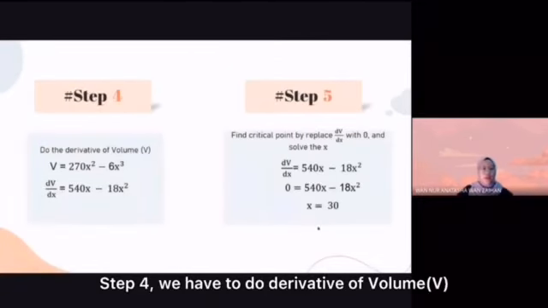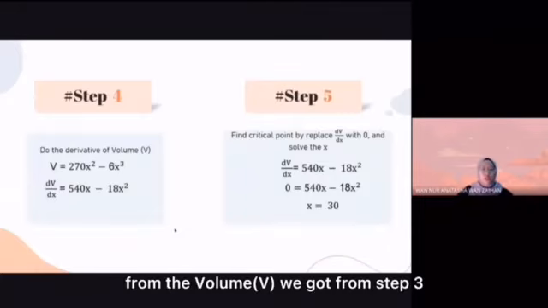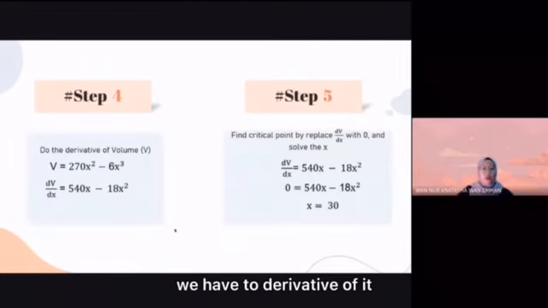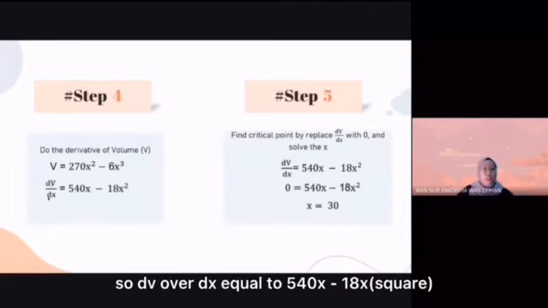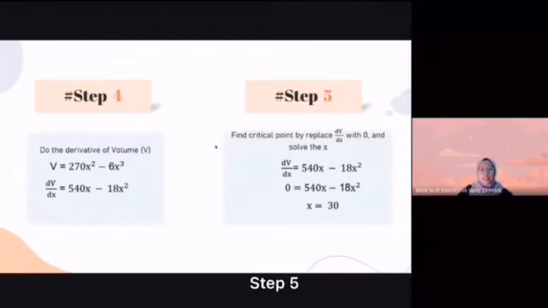Step 4. We have to do the derivative of volume. From the volume we got in step 3, we take the derivative, so dV over dx equals 540x minus 18x squared. Step 5.